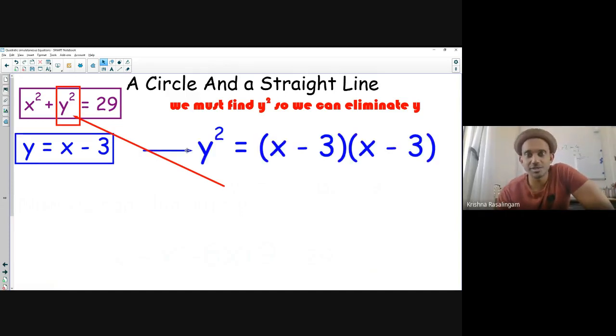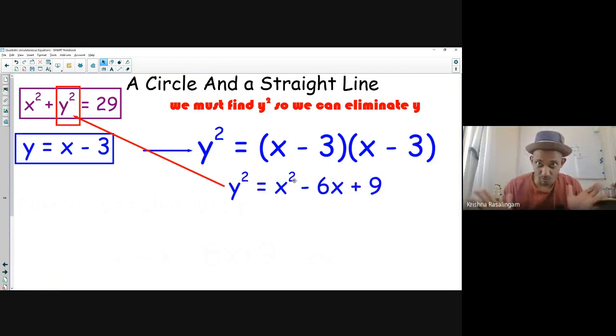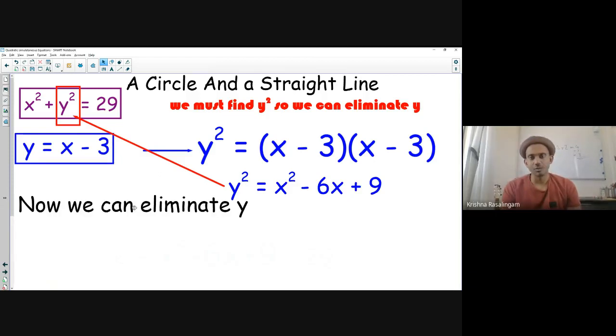So, there's y squared. x minus 3 times x minus 3. And that gives us, when we expand it with FOIL, first outer inner last, x squared minus 6x plus 9. So we're going to substitute into the purple equation, where the red box is, to eliminate the y.